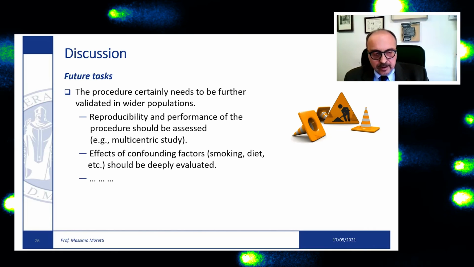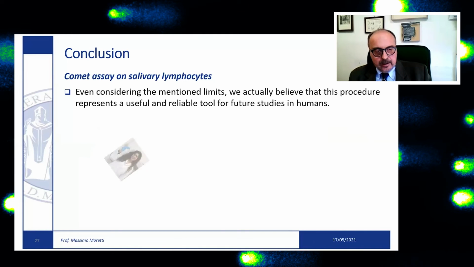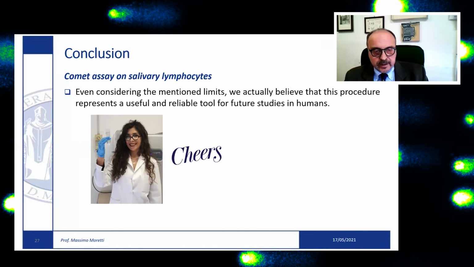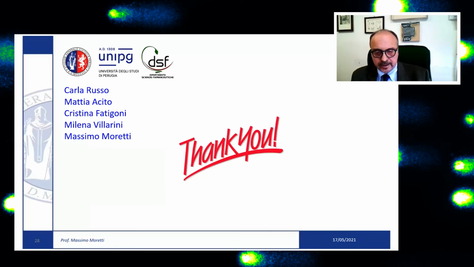We have to take into consideration the effects of confounding factors, smoking, diet. Even considering all the mentioned limits, we actually believe that this procedure could represent a useful and reliable tool for future studies in humans. Thank you very much for your attention.